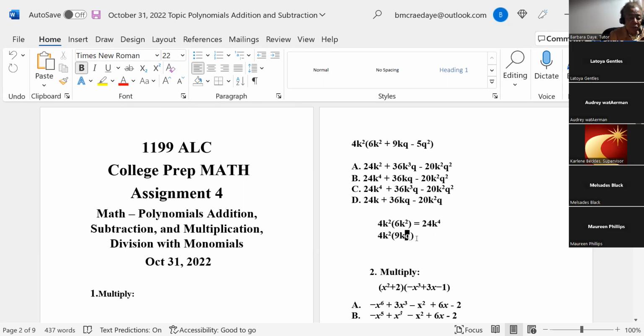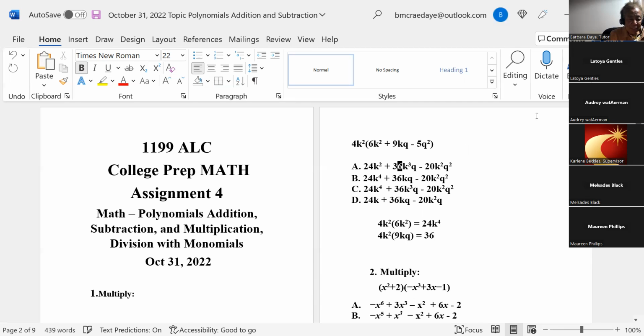What does that equal to, Mercedes? That would equal 36kq. 36 and what? You've got k to the second times k to the 1, right? What does that equal? So that is k to the third.